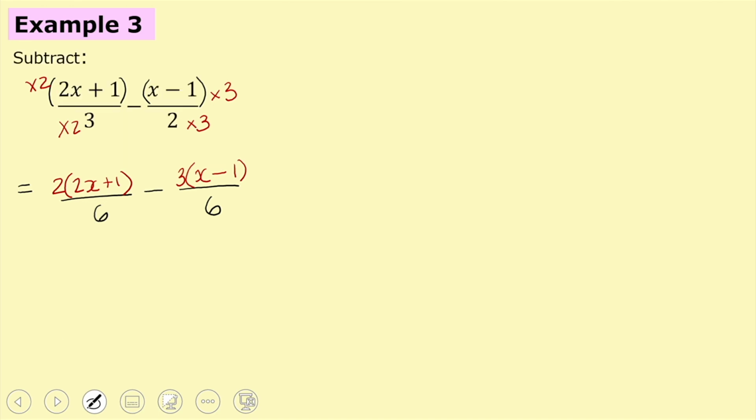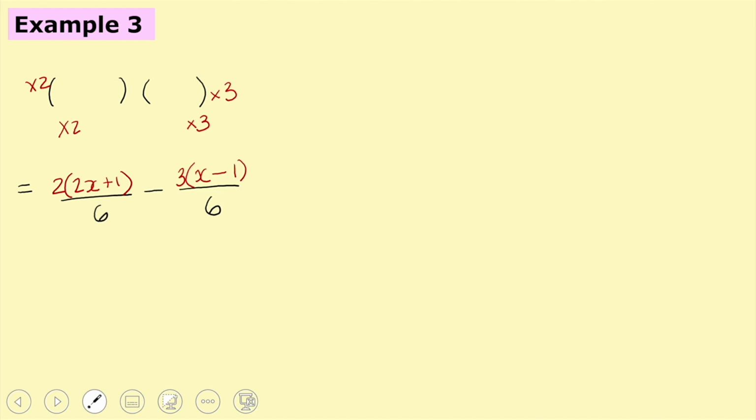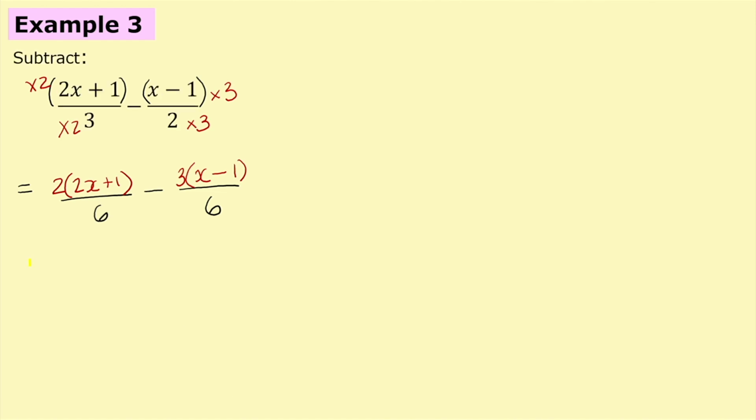If I go back, I'll show you this step here, this is the step I'm going to miss out. I'm going to go straight from this line of working to our expanded brackets, but we really need to be careful with our negatives if we are choosing to do this. So at this point, we're going to subtract these and write them out as a fraction.